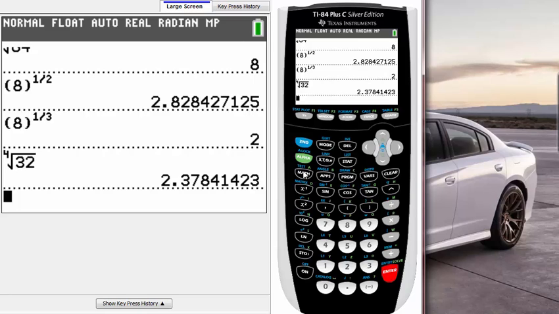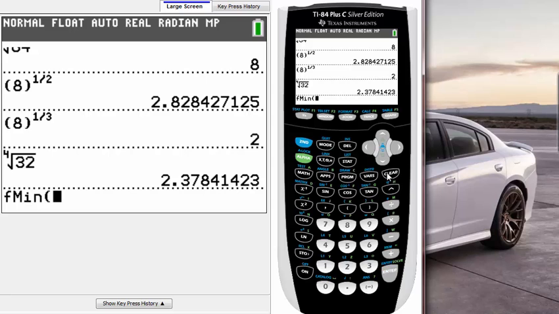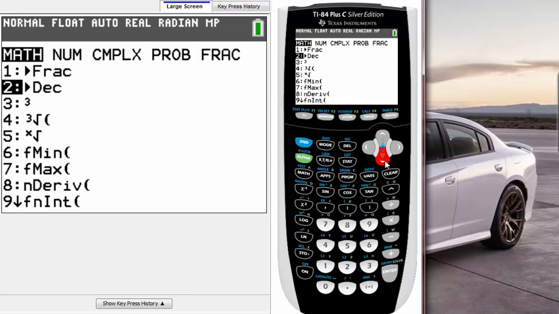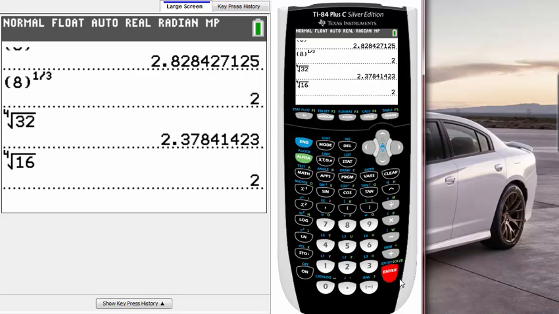But let me pick something even. Okay, let's go back. It's kind of slow here. Okay, so if we type that again and then do 4 and 16, and by the way, the 4th root of 16 should come out to be 2 because 16 is 2 to the 4th power. So if we type that and then hit enter, we are going to get the answer 2.